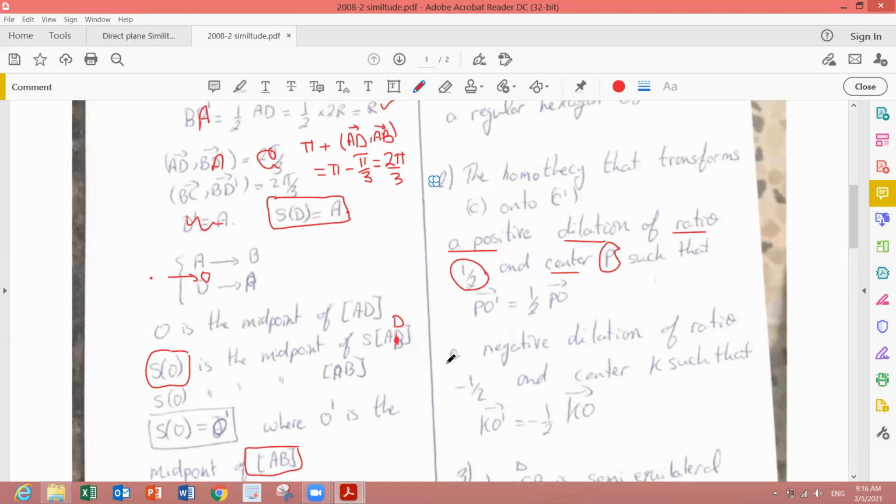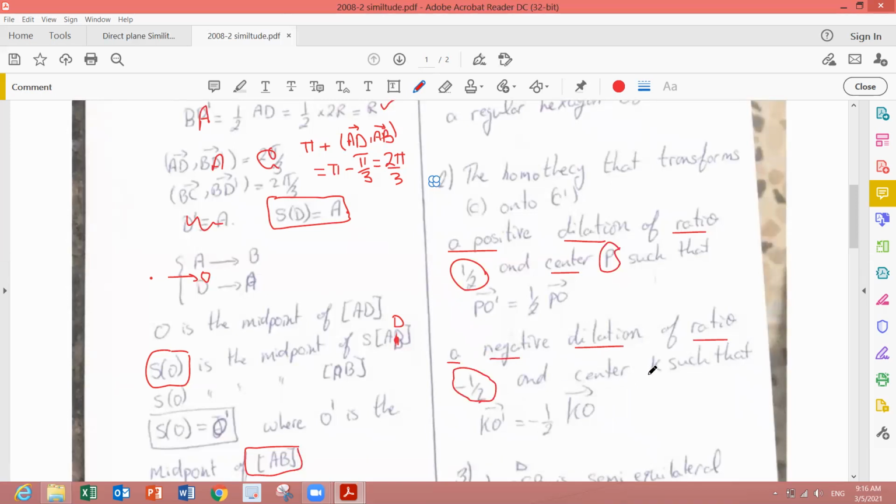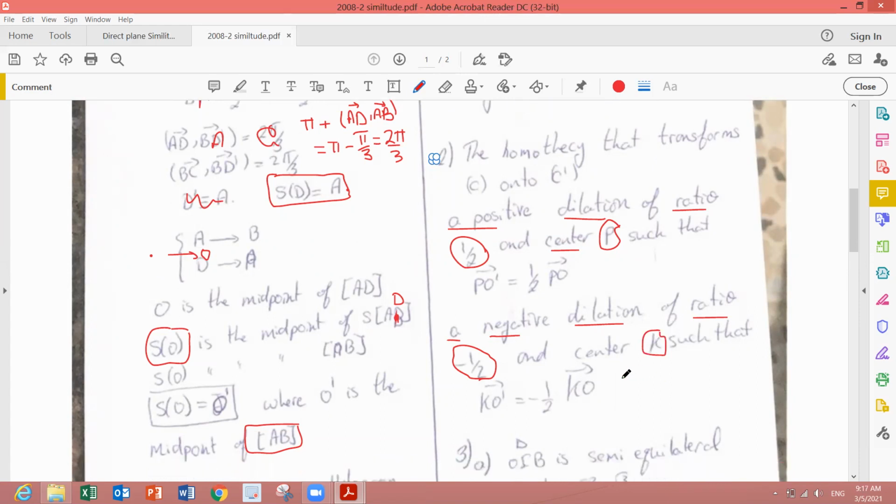I can say also there exists a negative dilation of ratio minus half and center, I choose any letter. I can choose omega or W, or center K such that KO prime equals minus half KO.